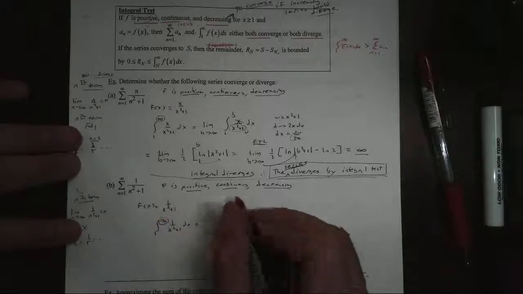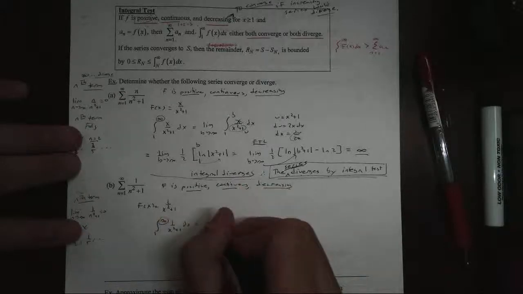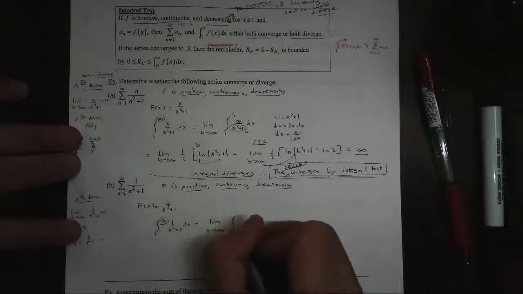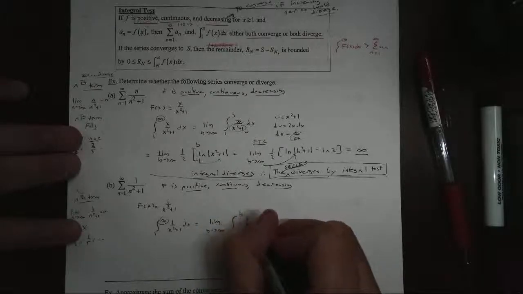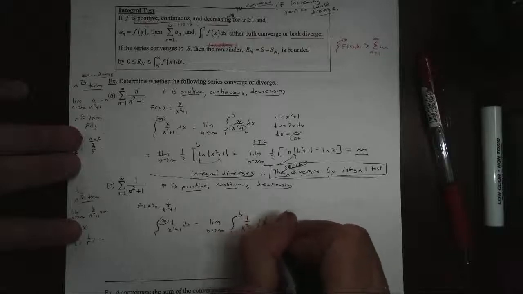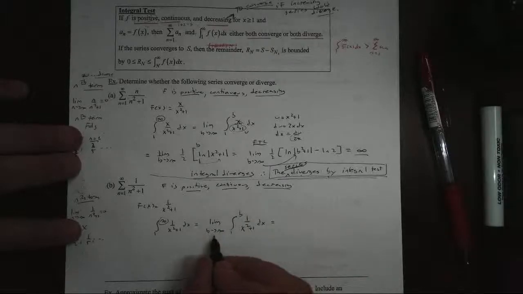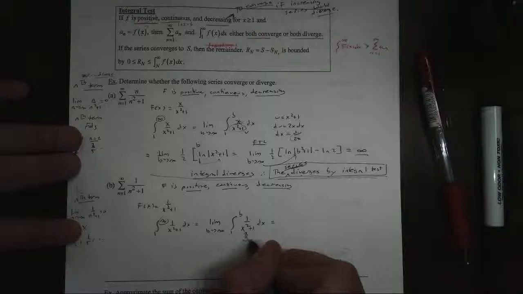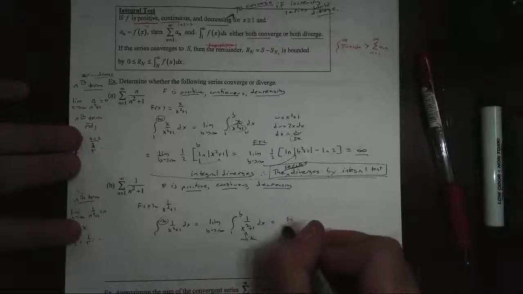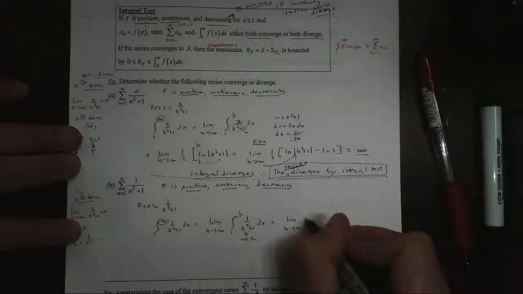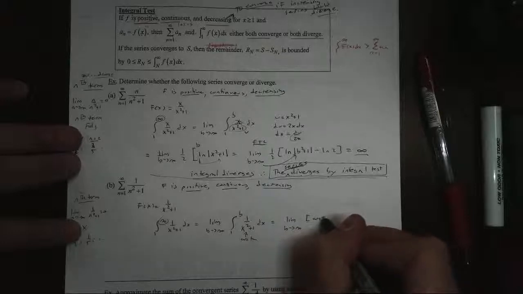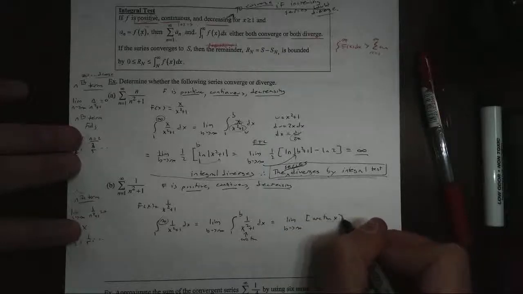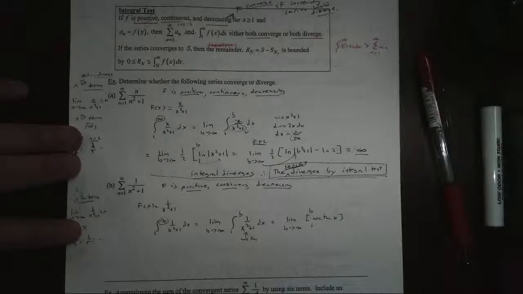Yep, another improper integral. These will always be improper. We take the limit as b goes to infinity of the integral from 1 to b of 1 over x squared plus 1 dx. And yes, you should recognize that this is our arc tangent. So we get the limit as b goes to infinity of the arc tangent of x from 1 to b.